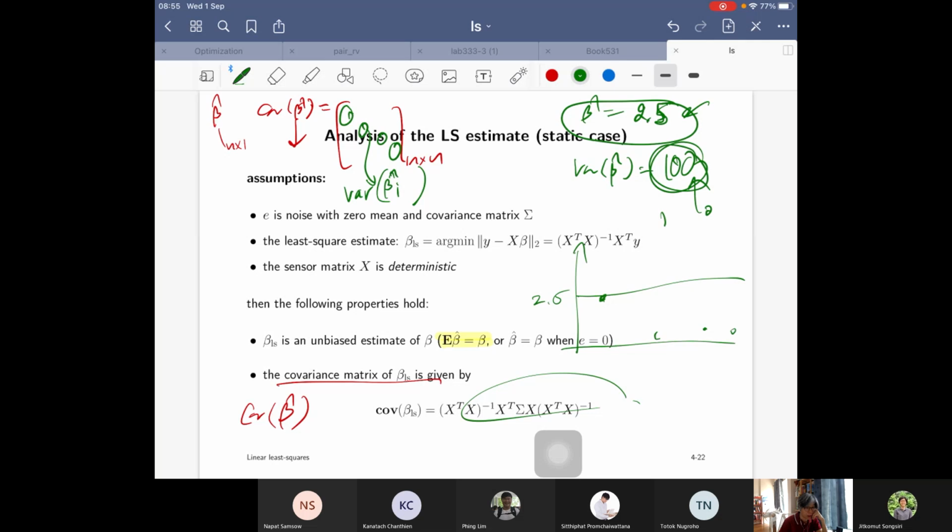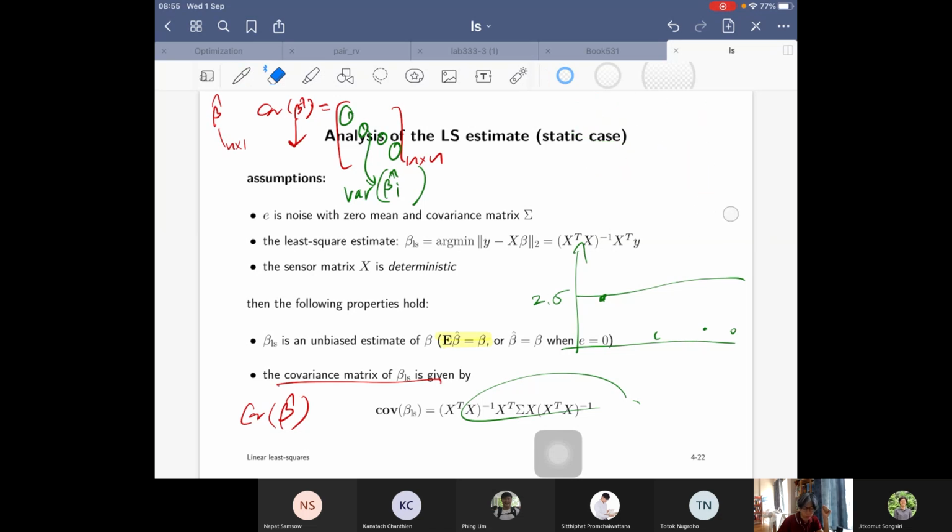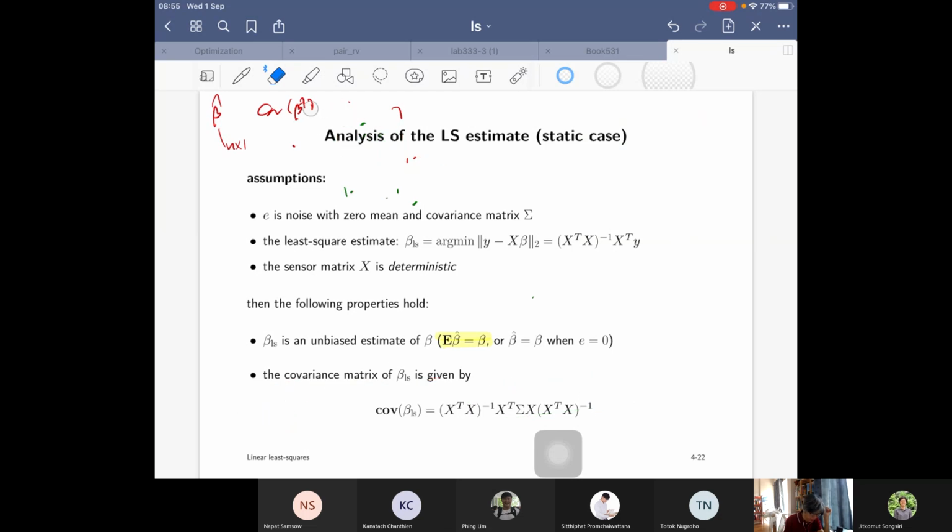So having the covariance matrix can be an indicator of how much we can trust the point estimate based on a single data set. So in conclusion, the bigger the covariance, the less reliable the estimator. Now we're going to derive the covariance matrix of beta.